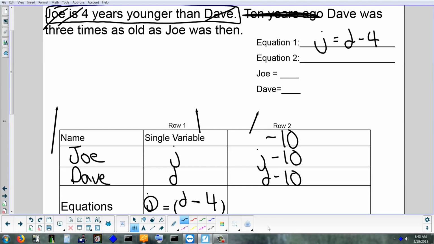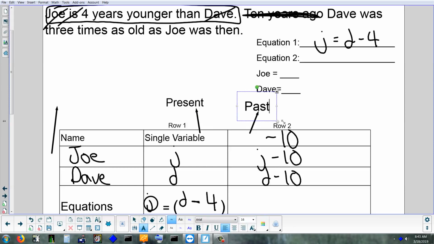In the present, it was D, but now I'm talking about 10 years ago. How am I representing Dave 10 years ago? D minus 10. Again, all you're going to do is look at the boxes on top of the equation you set up in this box to see how you're representing that person. It says Dave. I look at Dave. I'm representing Dave as D minus 10.